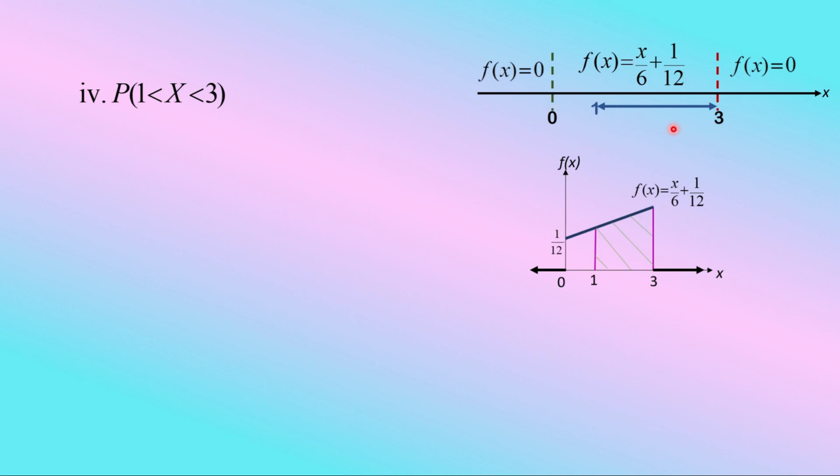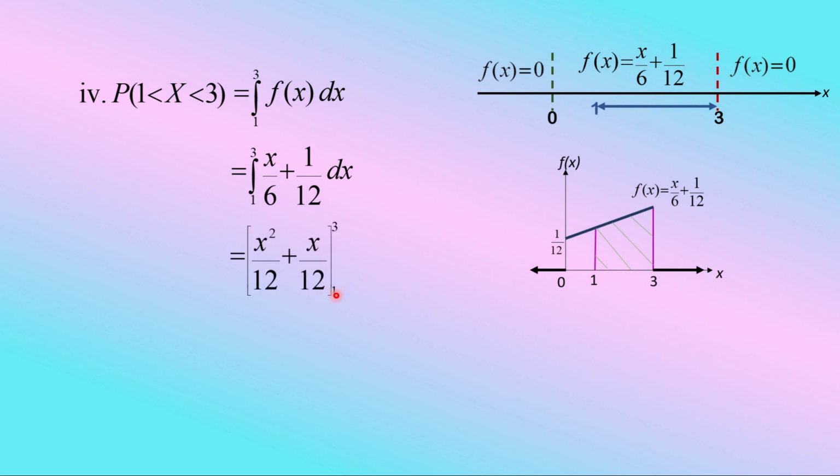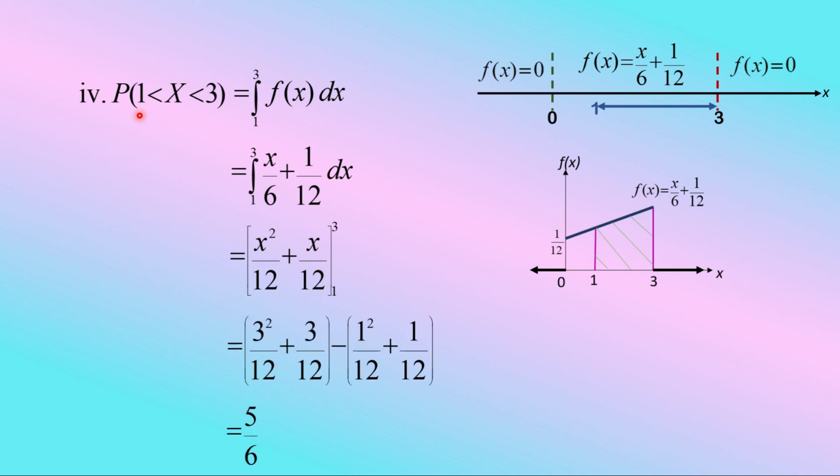In this case, to find the probability, just integrate from 1 to 3 directly of the function x over 6 plus 1 over 12. So this is the result after integrating. Substitute to get the answer, and the probability of x between 1 and 3 is equal to 5 over 6.